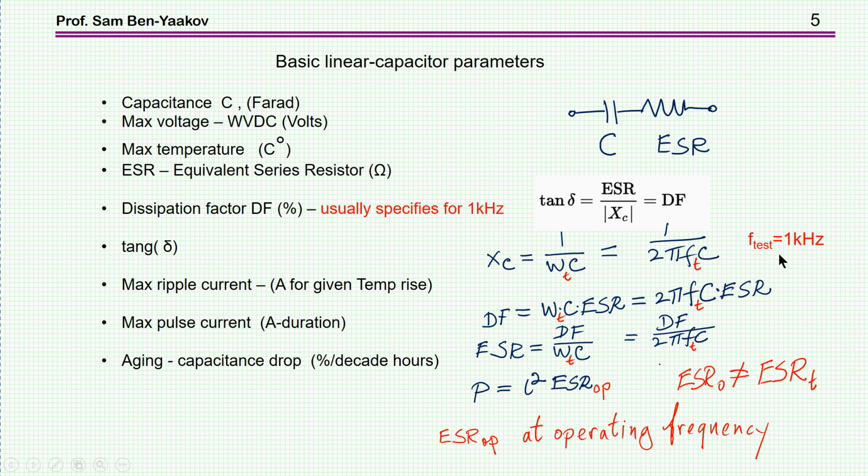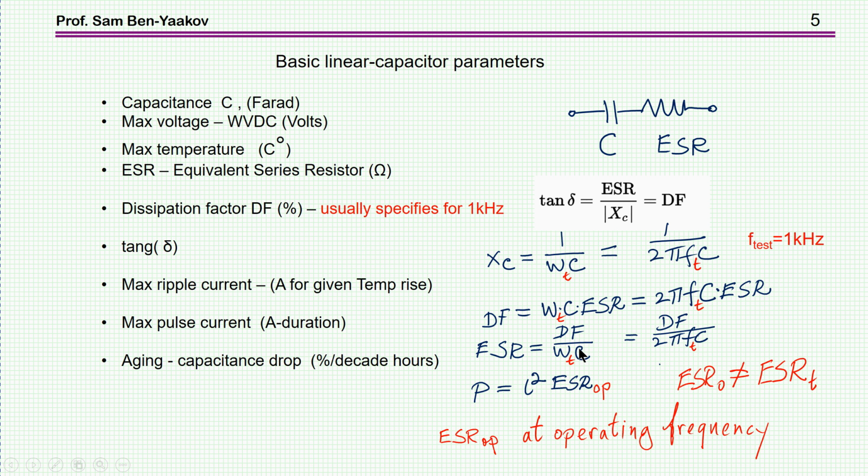Normally it is 1 kilohertz, so it has nothing to do with the operating point of this capacitor. You might run it at 100 kilohertz, but it was measured for the dissipation factor at 1 kilohertz.